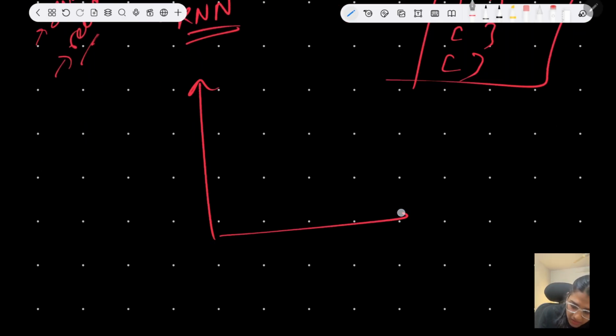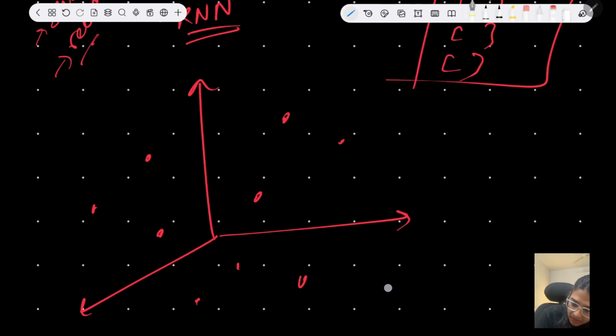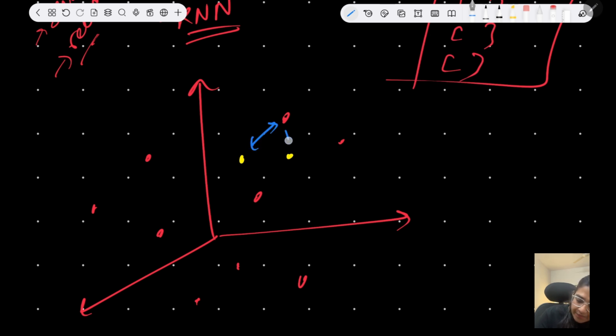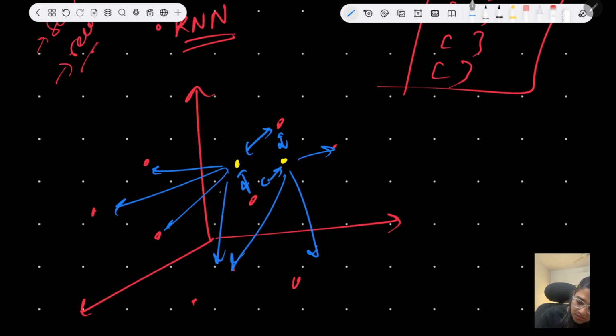So how does KNN work? This is my three-dimensional vector space. These are my words in my database, and this is my query vector. Okay, so what I'll do is I'll find the similarity score between these, right?